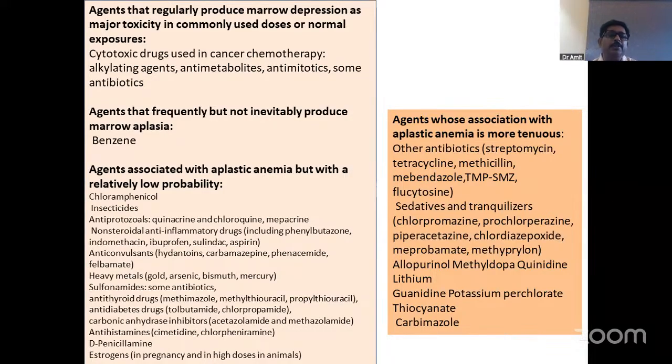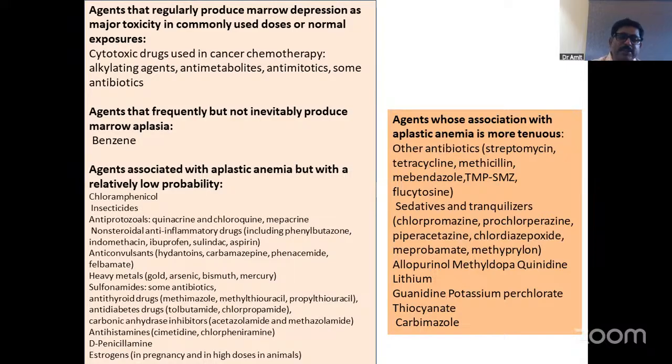So let's see the agents which have a powerful probability of causing bone marrow failure, and these are cytotoxic agents. Cytotoxic agents used in cancer chemotherapy, like alkylating agents, antimetabolites, antimitotics, and some antibiotics, regularly cause bone marrow failure.